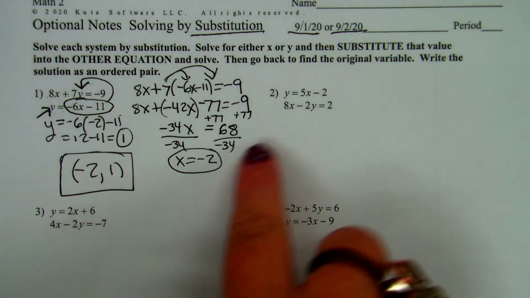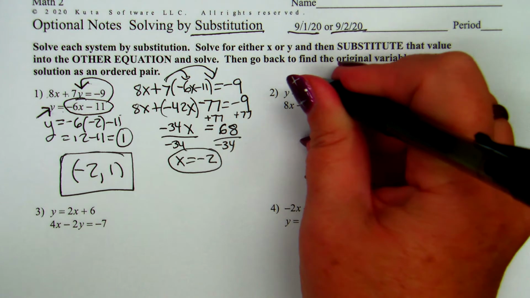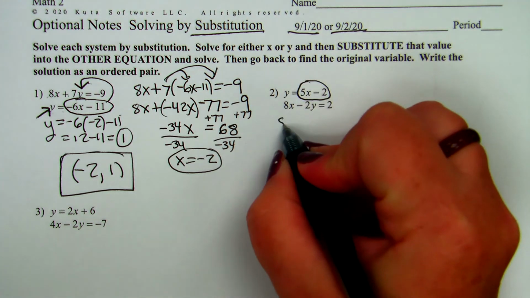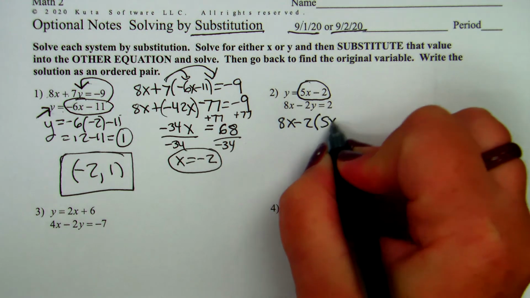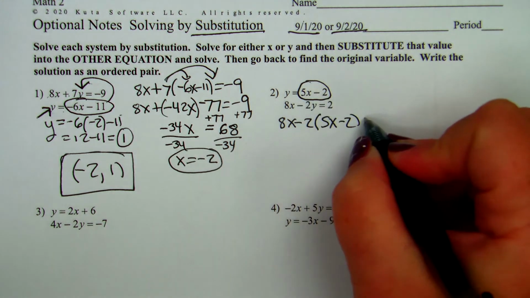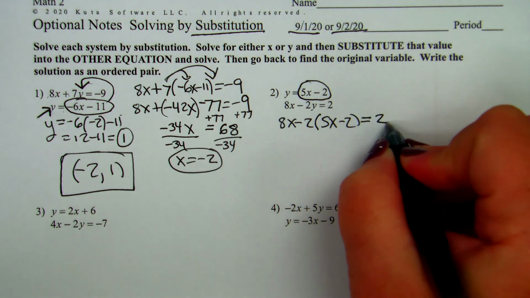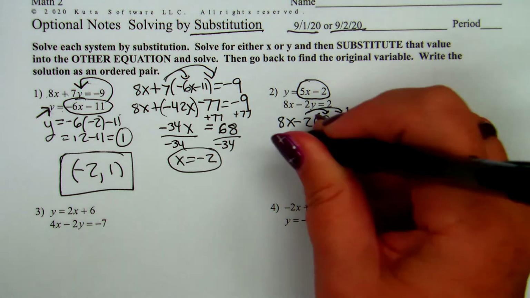So the next one, it's already solved, y equals. So wherever there's a y, we're going to substitute in 5x minus 2. Use parentheses when you substitute, equals 2. Use the distributive property.